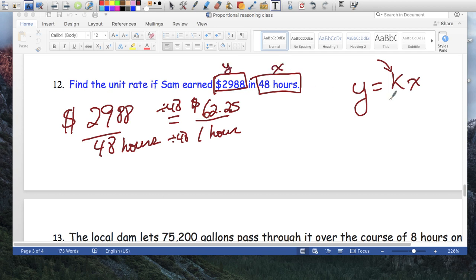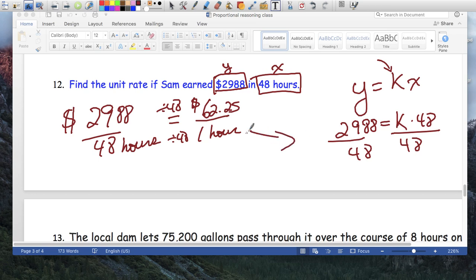And on Thursday, it did 141,000 gallons over 15 hours. Find the constant of proportionality that tells us how many gallons will pass through the dam per hour. Translate that, find a unit rate.